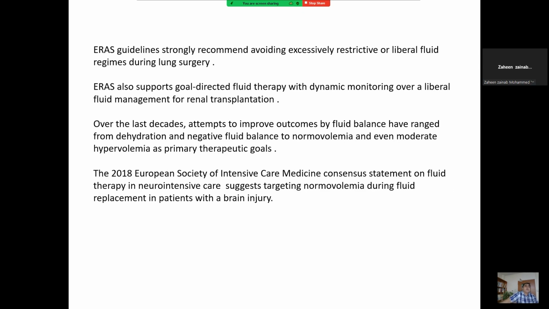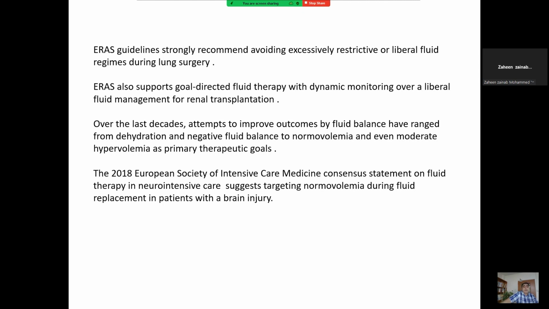Enhanced Recovery After Surgery guidelines strongly recommend avoiding excessively restrictive or liberal fluid regimes during lung surgery. They also support goal-directed fluid therapy with dynamic monitoring over a liberal fluid management for renal transplantation.